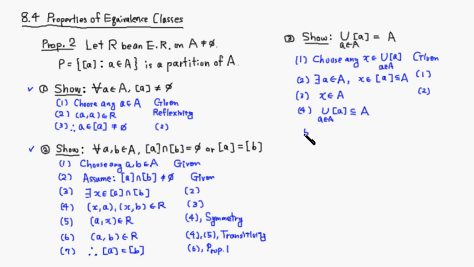Then the other containment is just as easy. Line 5: choose any element, say x, from A. This is given, just by element chasing.